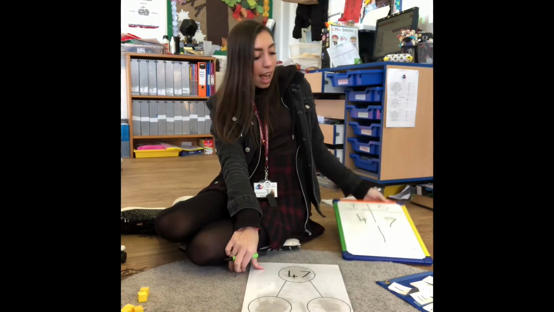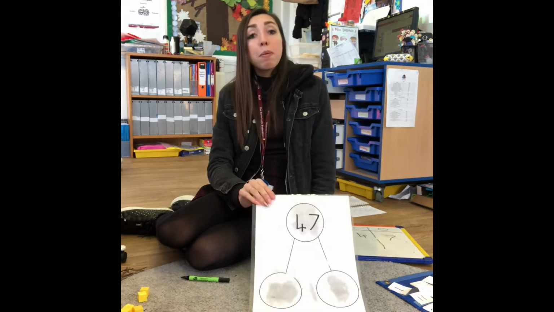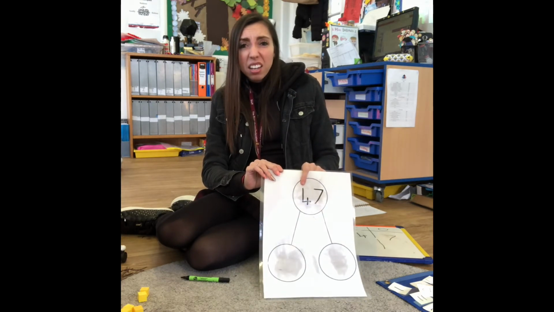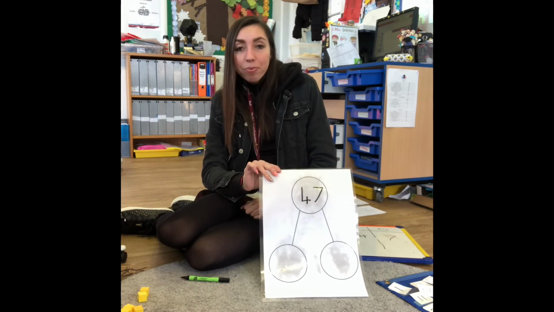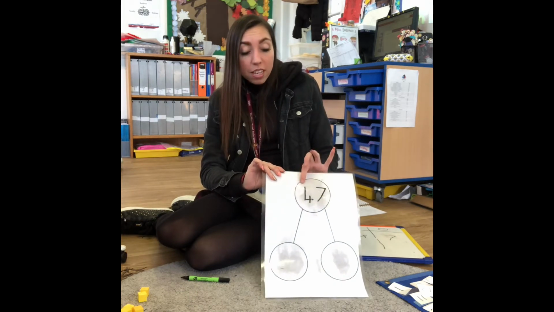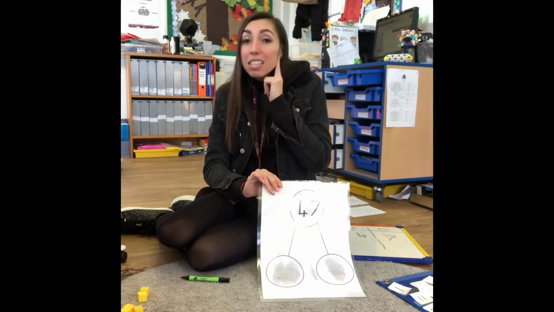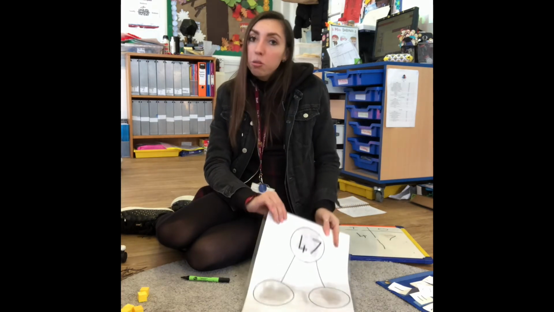So now I can count. Remember, the question is, what does that 4 mean? What does that 4 represent? That 4 represents 4 10s, but what does that mean? What does that 10s column represent? Now again, some of you might have heard it. 47, 40 and 7. You might have got that already.